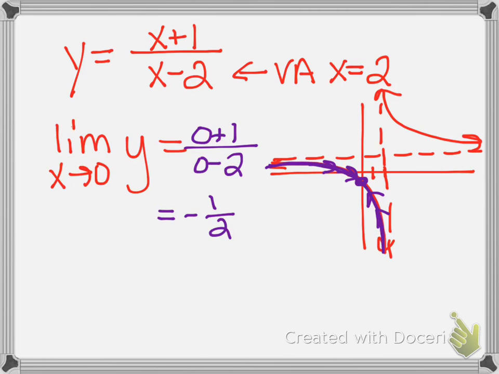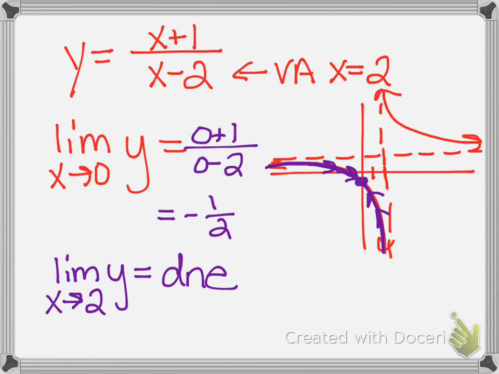Okay, now, since we've already got this kind of sketched, if I asked you to do the limit as x approaches 2 of that function, it's going to be does not exist. Okay, and there's two scenarios really that you're going to run into when you do a limit approaching a vertical asymptote.